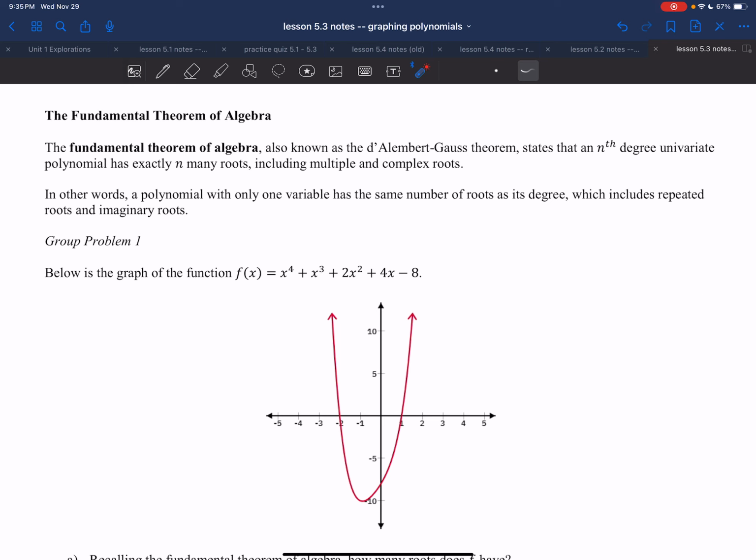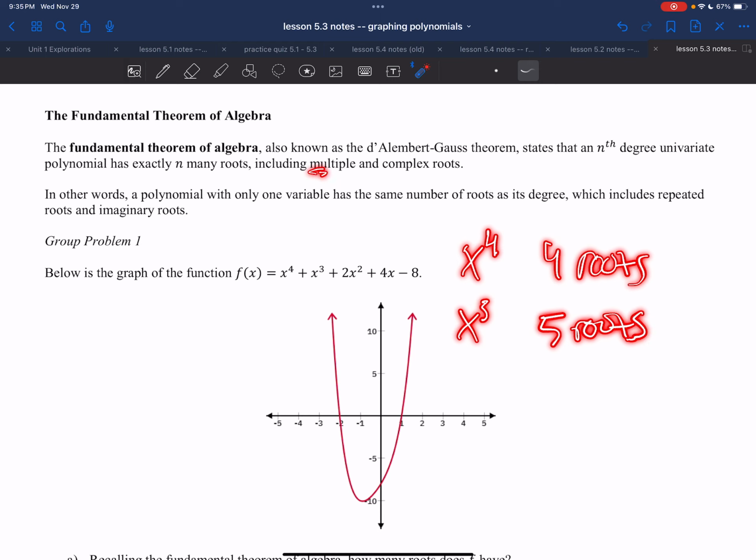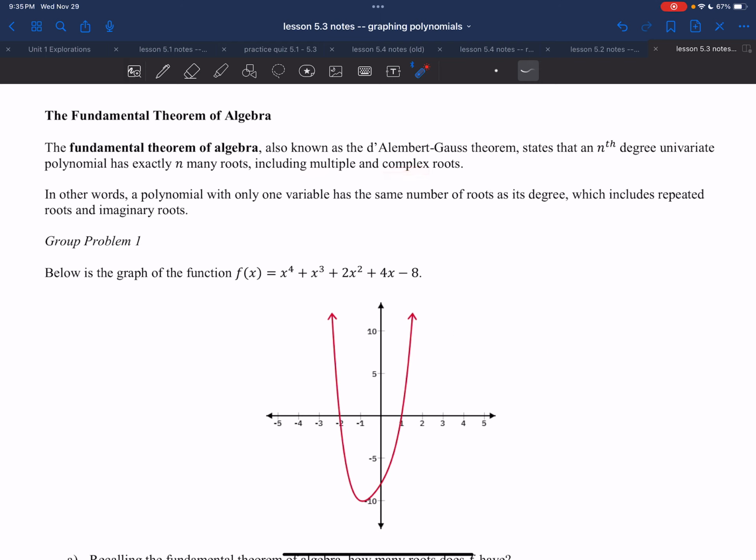What it says is that when you have polynomials with only one variable, which is what we're concerned with anyway, there are just as many roots as its degree. So the same number of roots as its degree, meaning if it's of degree 4, there are 4 roots. If it's of degree 5, there are 5 roots. And that includes multiple roots and complex roots.